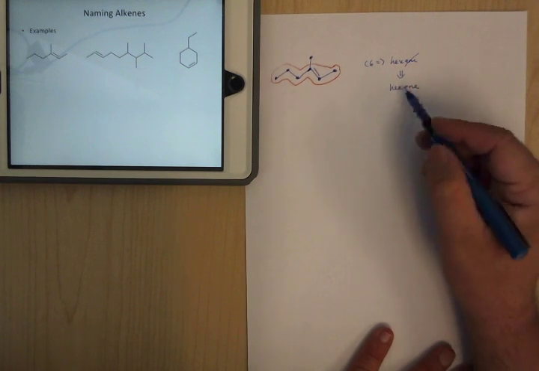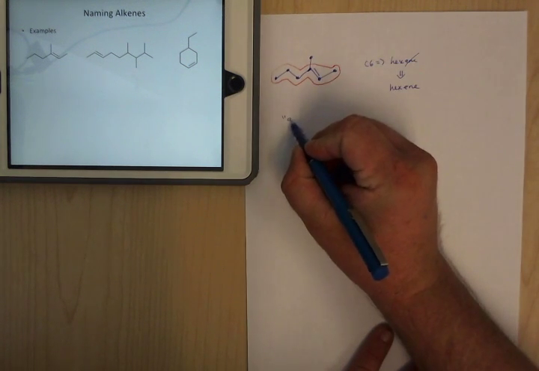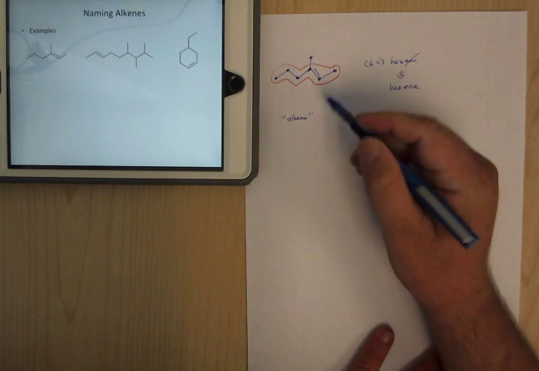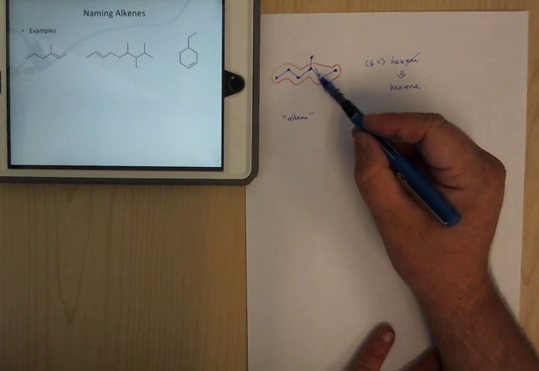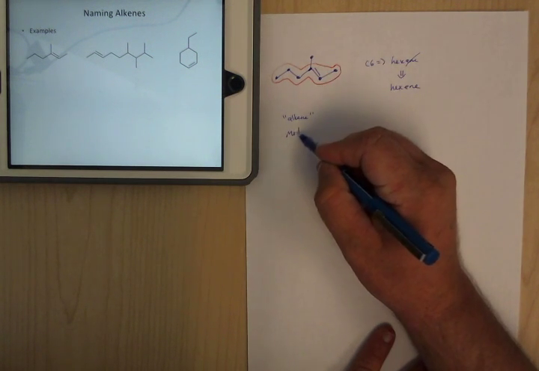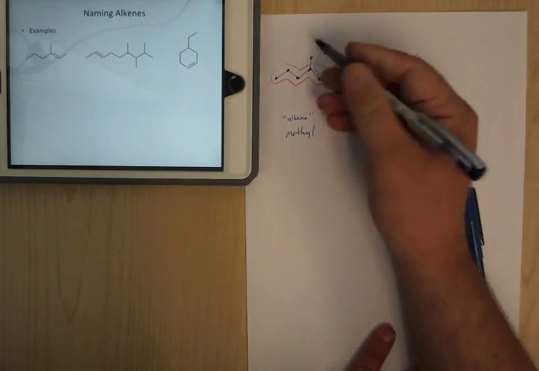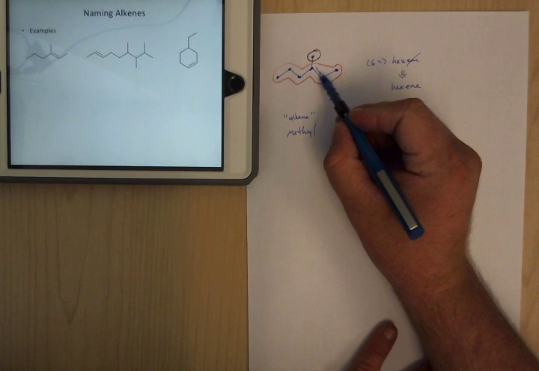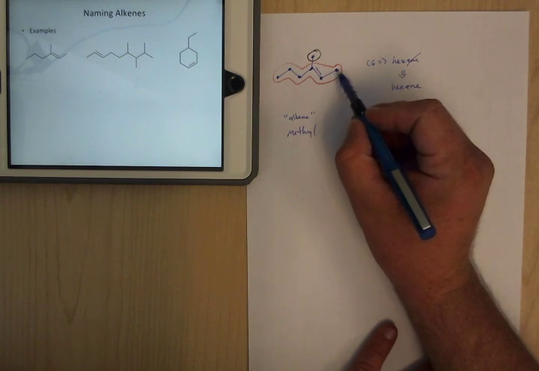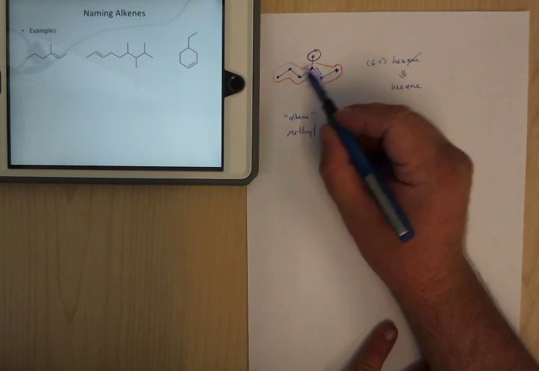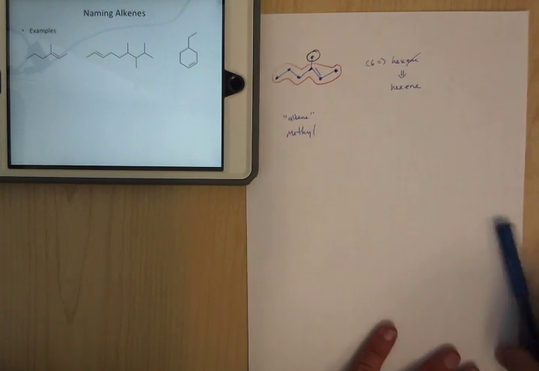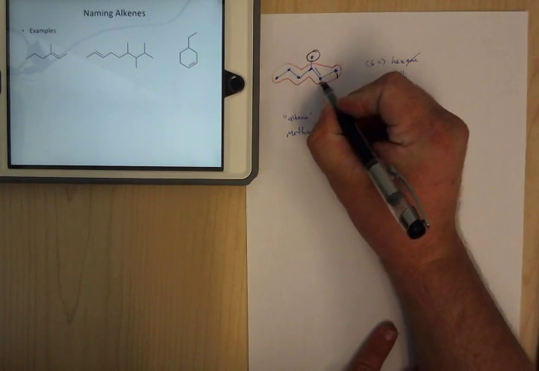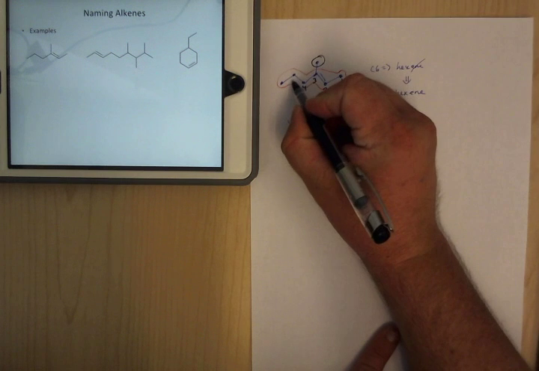Okay, so that's our main chain. So what else do we have? Well, we have our alkene, and we're going to need to get the numbering for that. And then we also have this methyl group there. This end is closer to the double bond than the other end, so the numbering is going to start like this: 1, 2, 3, 4, 5, 6.